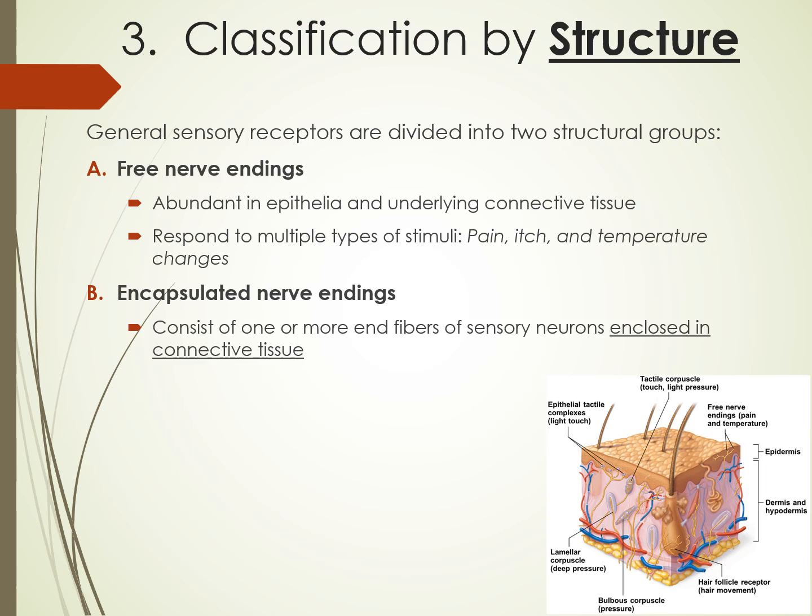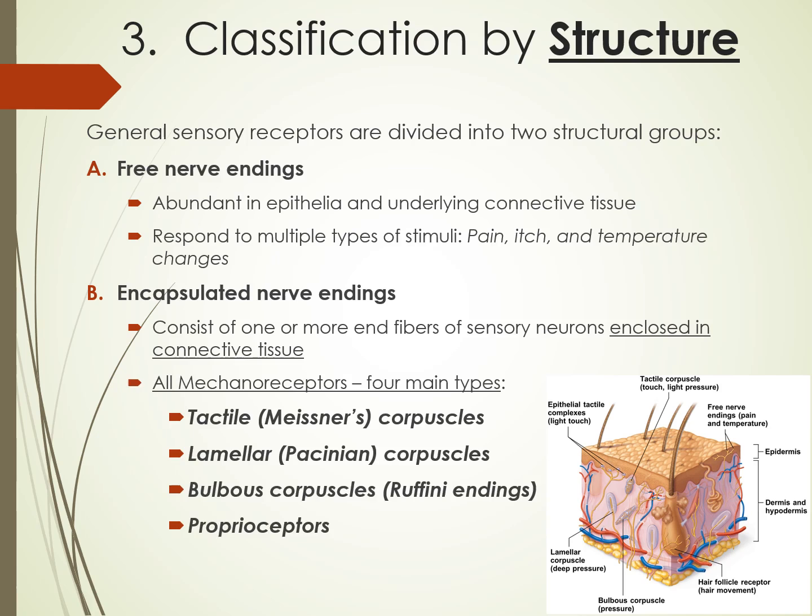And then our encapsulated nerve endings means that it's going to be enclosed in some sort of connective tissue, okay? And these are all mechanoreceptors, so they all pick up on stretch, touch, pressure, itch, all that good stuff.